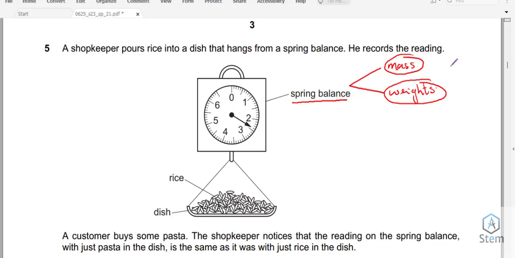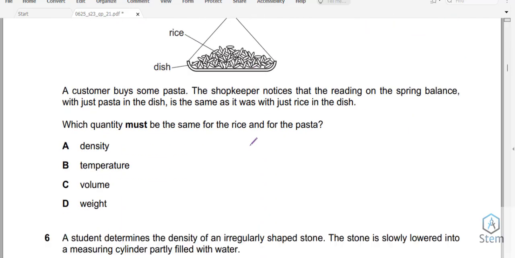So our answer is either mass or weight. Let's just pick one of those two from the options. We are given weight here, so our answer would be D. The spring balance does not compare densities, temperature, or volume.